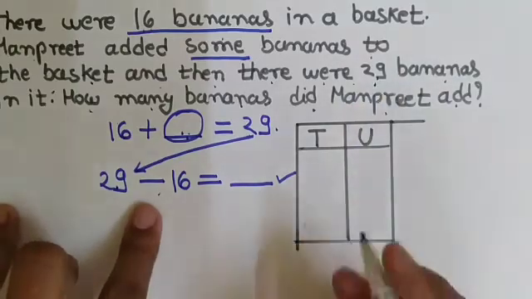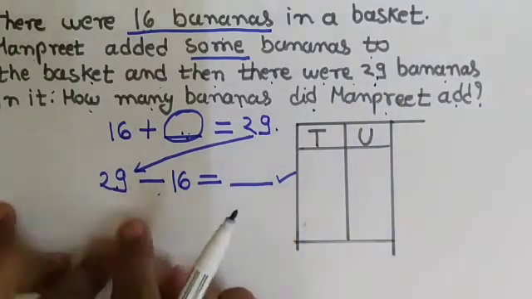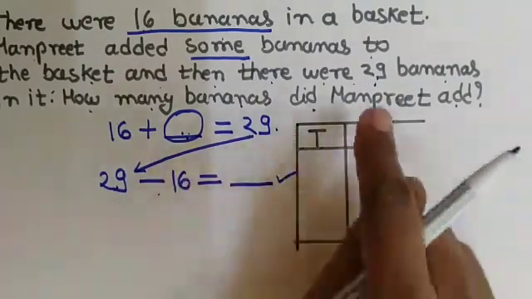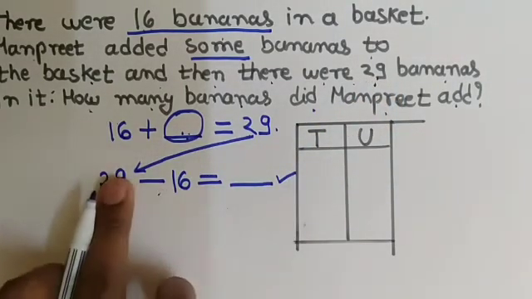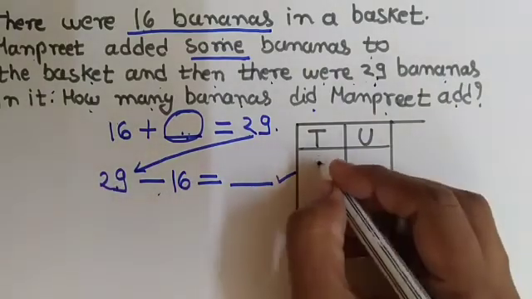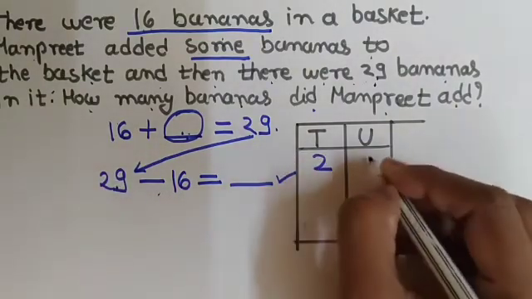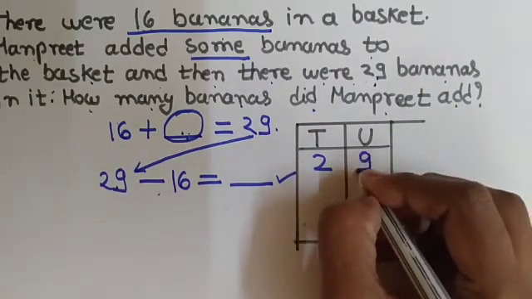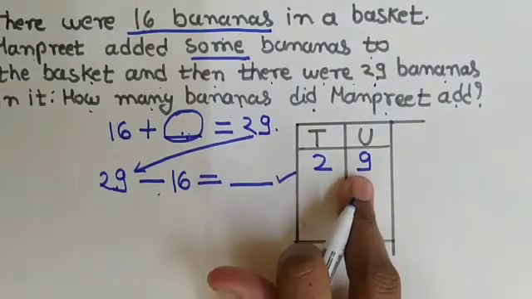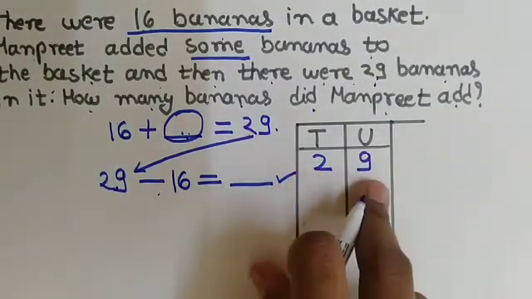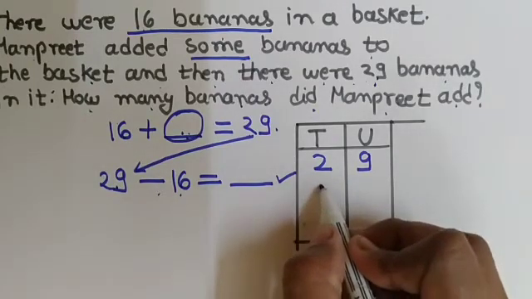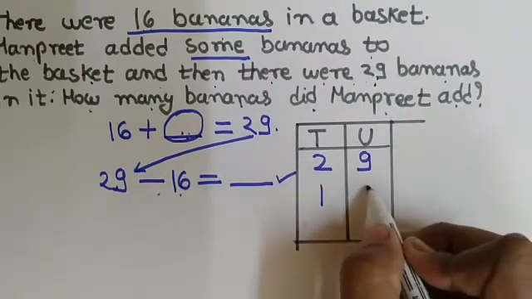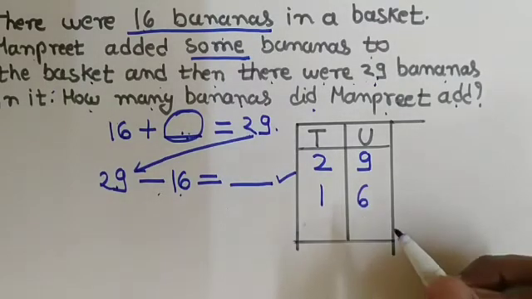So in subtraction, what do we have to do, children? First we have to take out the bigger number. So from 29 and 16, 29 is the bigger number. So we will write 2 in the tens column and 9 in the unit column for 29. Then the other number, that is 16. In 16, 1 is tens and 6 is unit.